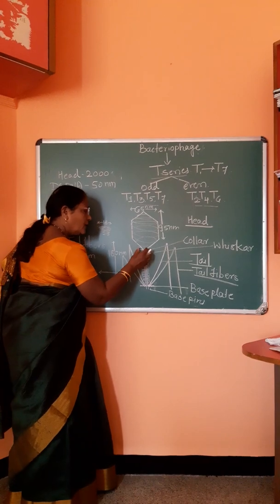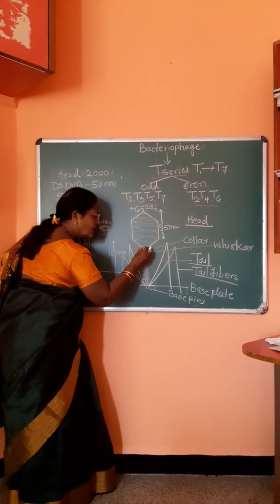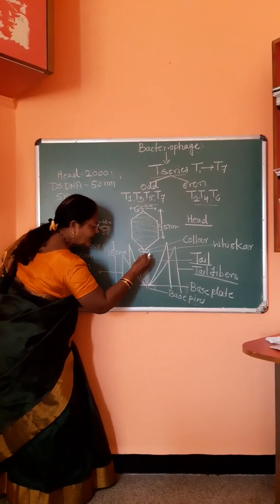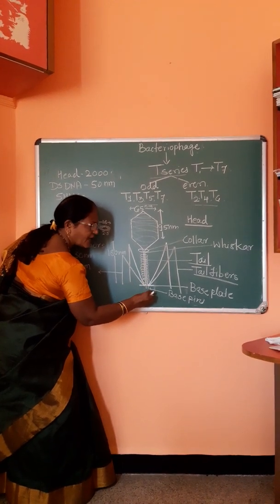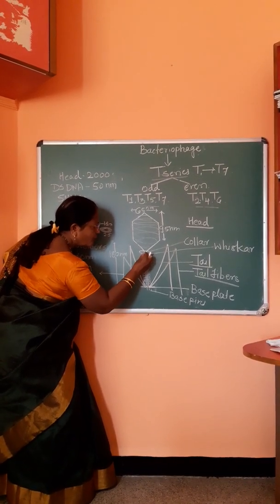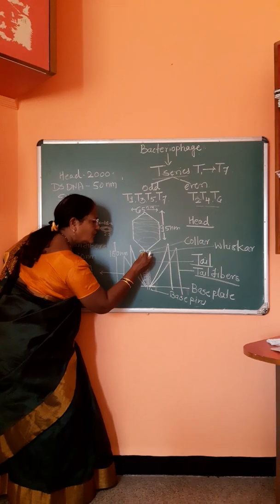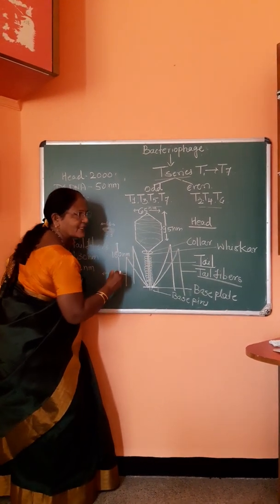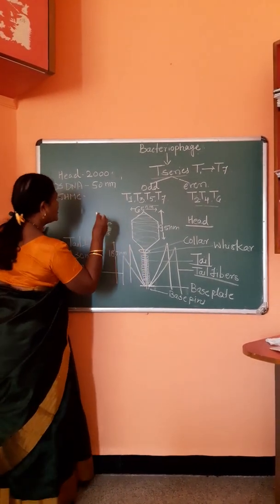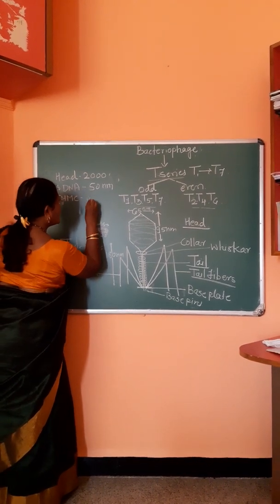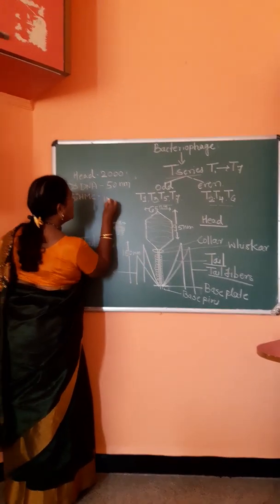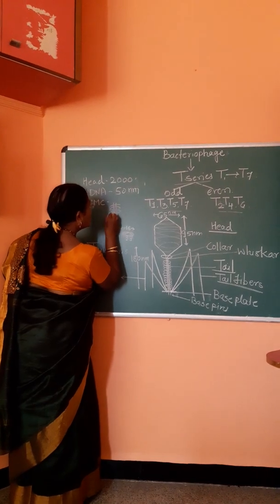Now, here the head region is constricted and it runs in this direction, which has a very small, narrow hollow tube, and around this tube the ring-like structure is present.